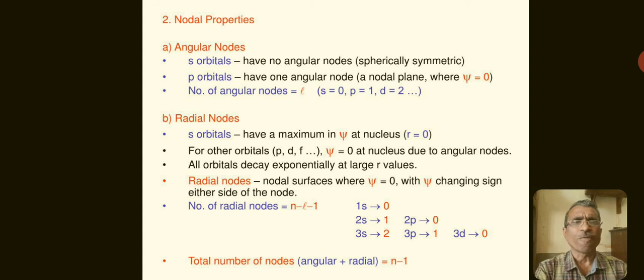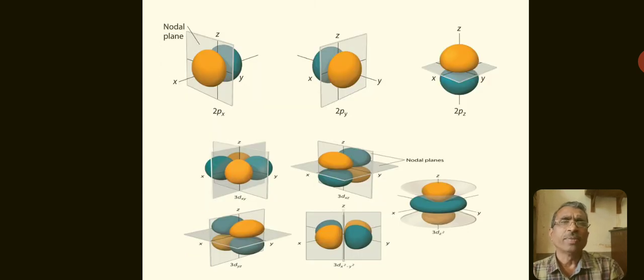The nodal surface is where psi is equal to 0, with psi changing its sign on either side of the node. The number of radial nodes is given by the equation n minus l minus 1, which I have already explained earlier. The total number of nodes and how we can calculate it is also shown here.